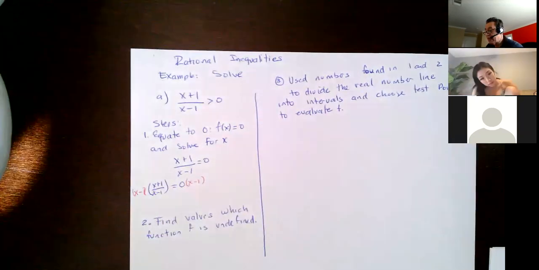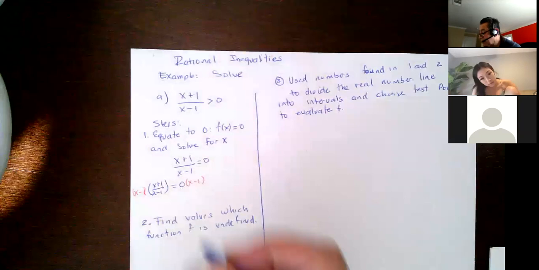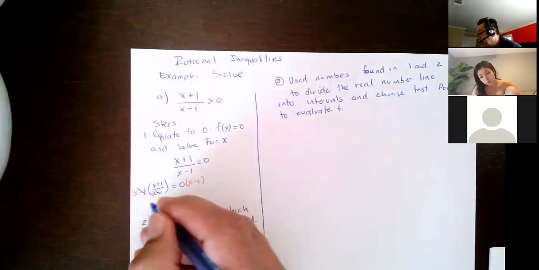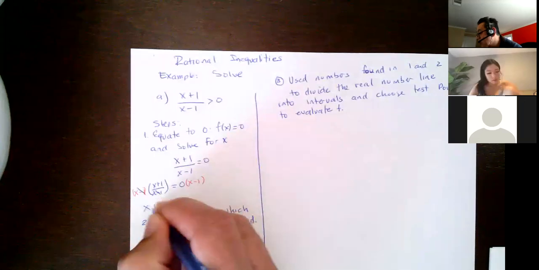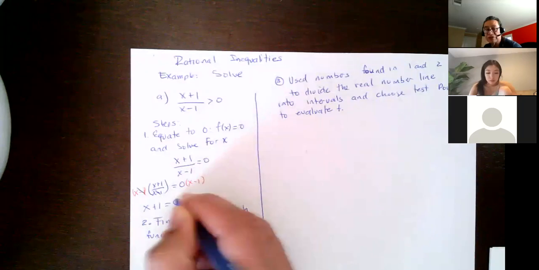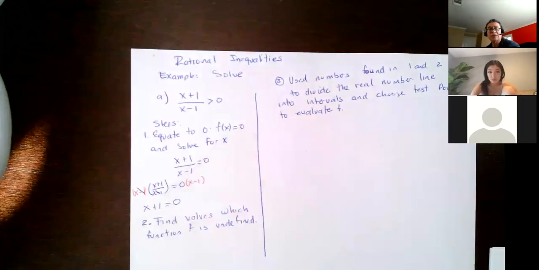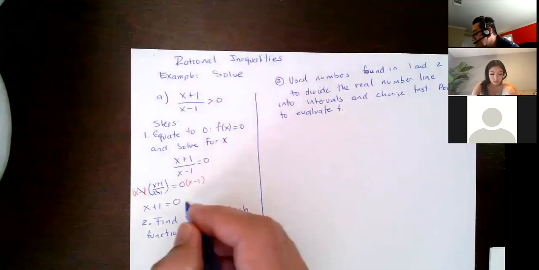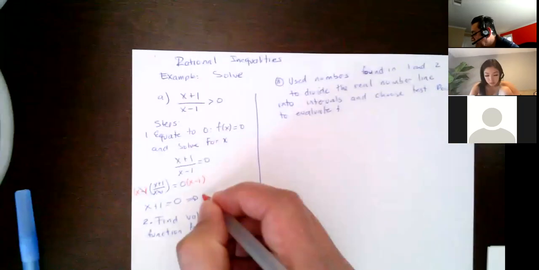And when that happens, on the left side, the x minus 1 with the x minus 1 divides out, which equals 1. And you're left with x plus 1. 0 times a number is always 0. So you're left with x plus 1 equals 0. So x equals -1. And if we solve for x here, x is equal to -1.